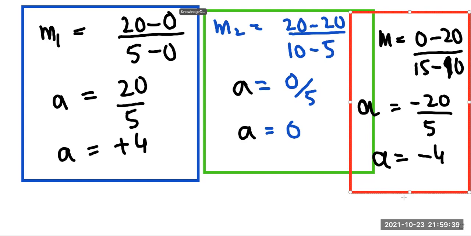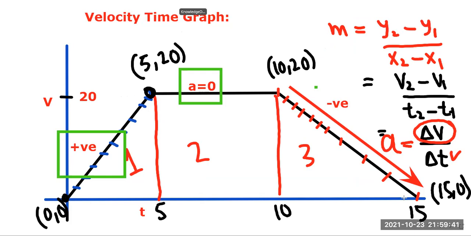So we learned that the gradient of velocity time graph gives acceleration, and for acceleration the graph would be in upward direction. For zero acceleration it would be horizontal, and for deceleration it will have a negative gradient.